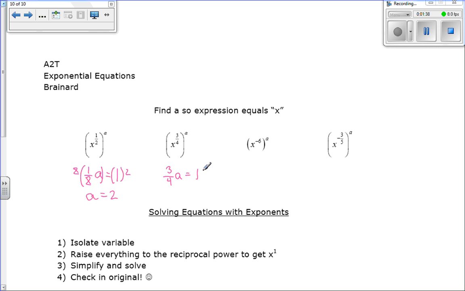In case you didn't pick up on why I want 1, my exponent here is x to the 1st. And in order to get a by itself, I multiply by 4/3, the reciprocal. So therefore I need to multiply the other side by 4/3. Here the 4's cancel and the 3's cancel. So a is equal to 4/3.